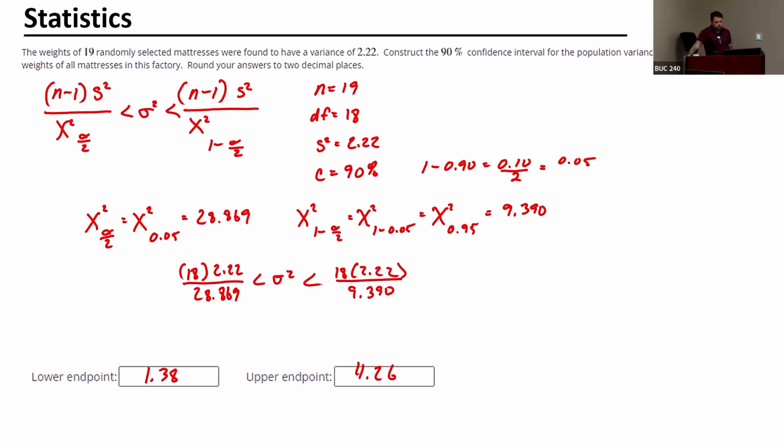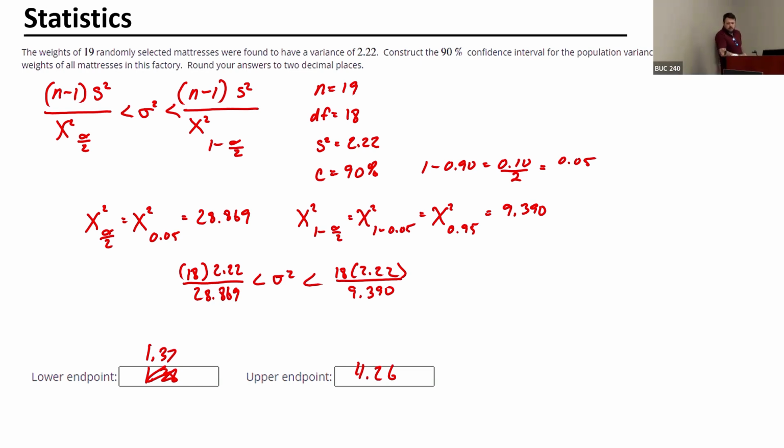Got 1.37 for the lower endpoint. What was your thousandths place? I got 1.38.